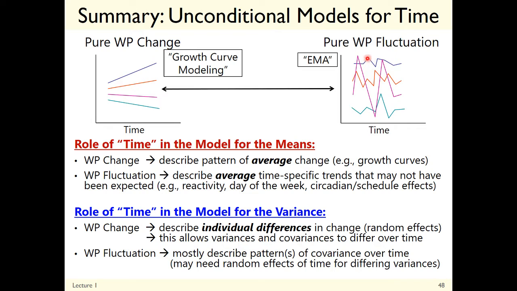That would give me the difference in the average for this blue person versus the average for the green. But I could also put in narcissism as a predictor for why this pink person is all over the place relative to this blue person who's very calm or moody.